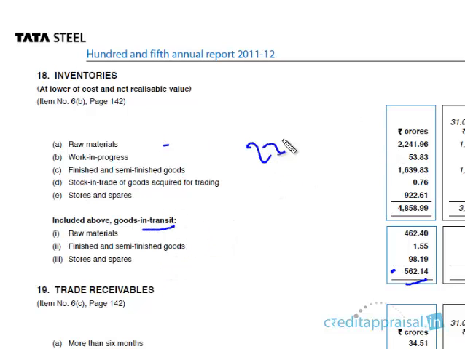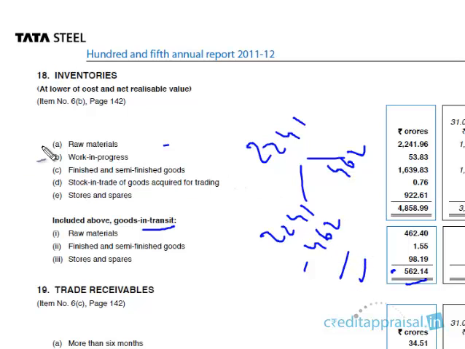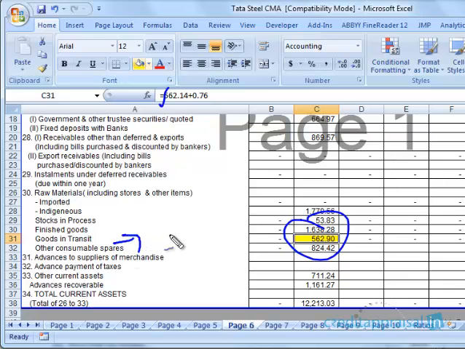So this 2241 includes goods in transit of raw material 462. So under the regular raw materials, whatever is this 2241 minus 462, that we put under the regular raw material under the current asset. Okay, 462, let us put it under goods in transit. So under goods in transit we are going to put 562.14. Okay, so let us put 562.14 under goods in transit.